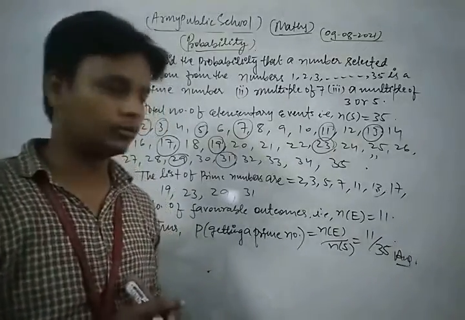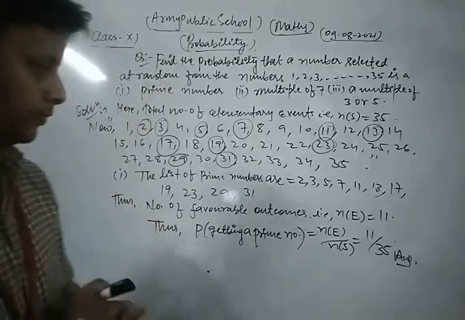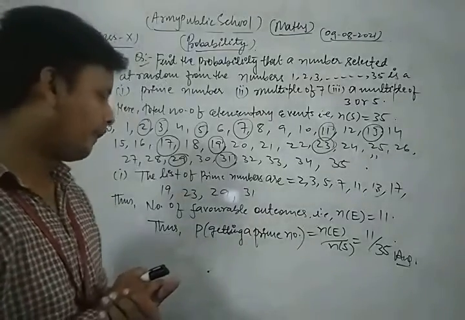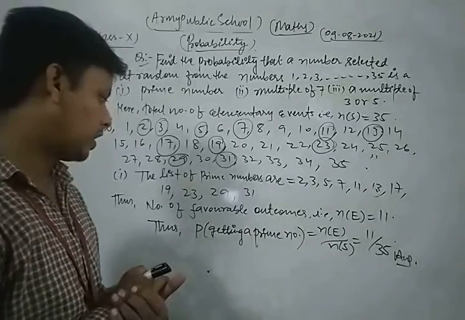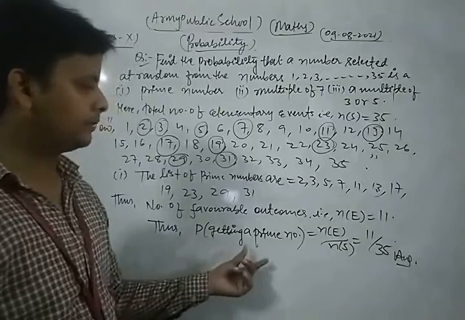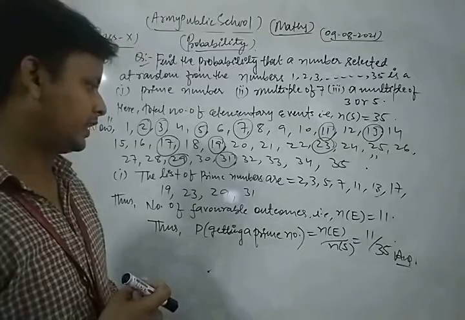Okay, dear students, so this is a very important concept. The probability of getting a prime number is 11 upon 35.